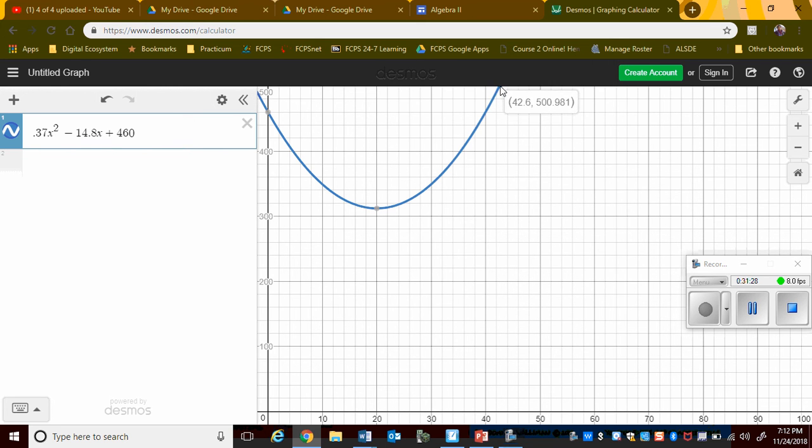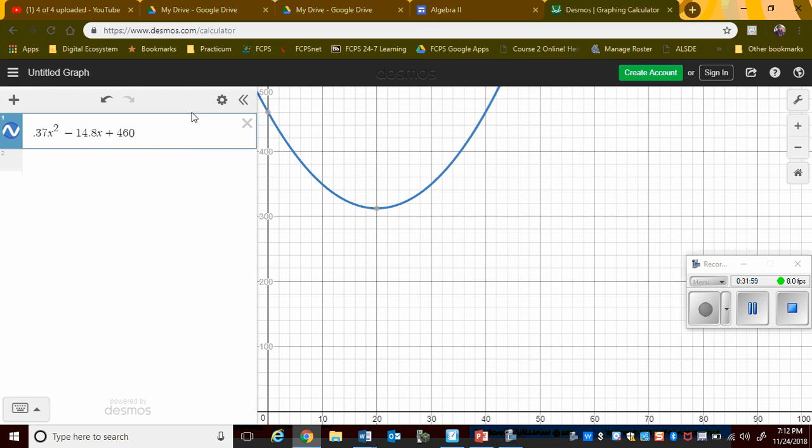If I keep moving along the curve, y equals 500 gives me 42.6. If you didn't see that, I'm just moving that little blue button along the curve until I see 500, and I want to get as close as possible.